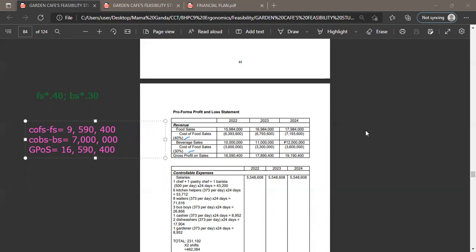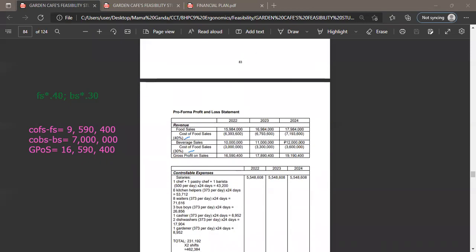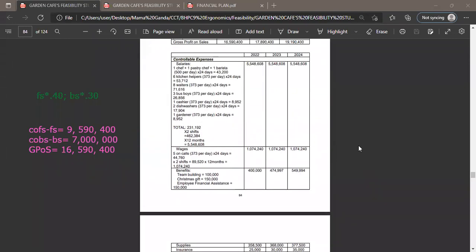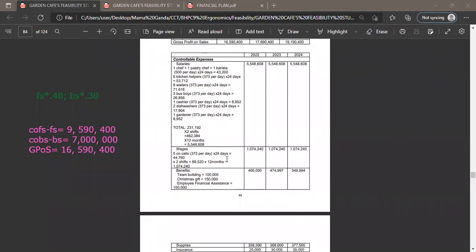For some other parts, we have the controllable expenses. Kindly use your actual controllable expenses based on the needs of your establishment.